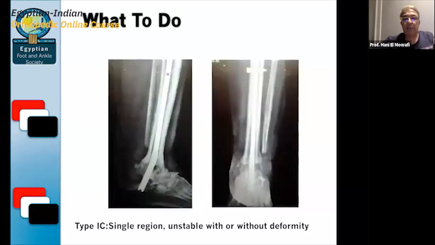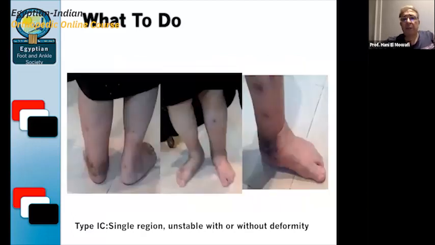We have a technique of hybrid fixation, a retrograde nail with an Ilizarov frame. We fix the proximal part by an interlocking screw, while for the distal interlocking, we didn't put the screw, to allow compression during the follow-up of these cases. Here, at about 1 year of follow-up, the patient has very good alignment and stability.